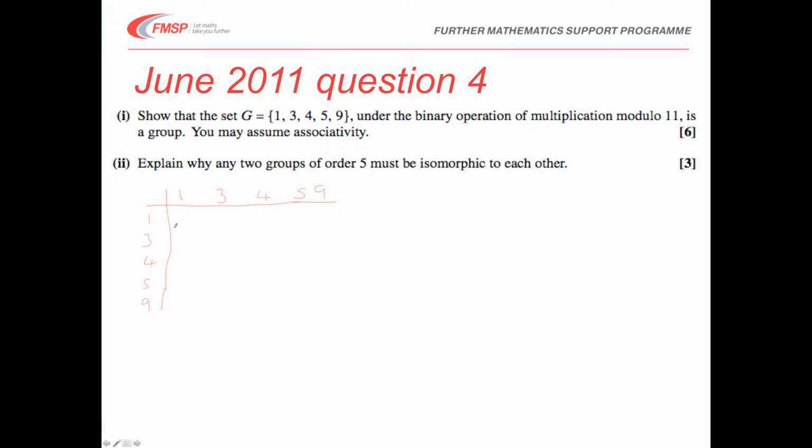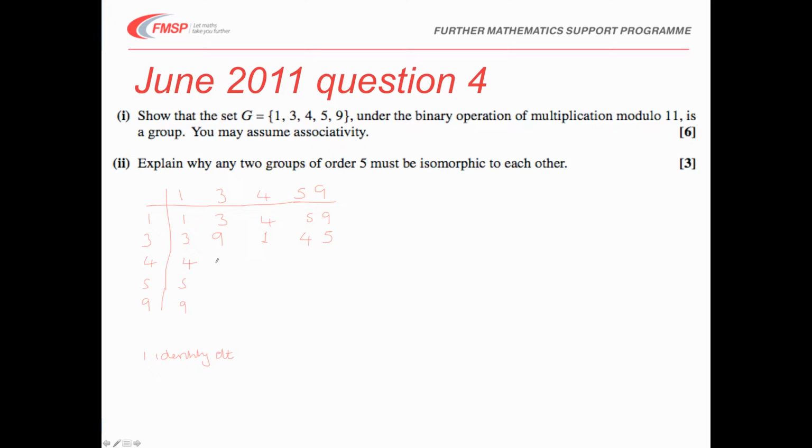It's modulo 11. 1 obviously multiplies everything and gives you that, and that also tells me that we've got an identity element. So I'll write that down while I remember. So 1 is the identity element. Okay, 3 times 3 is 9, 3 times 4 is 12, modulo 11 that's 1, 3 times 5 is 15, modulo 11 that's 4, and 3 times 9 is 27, so that's 22 plus 5.